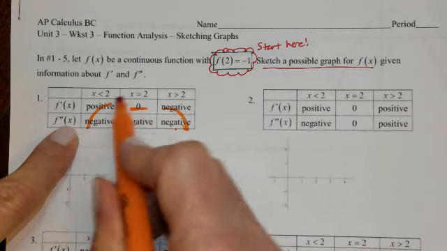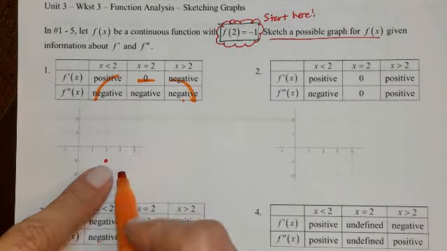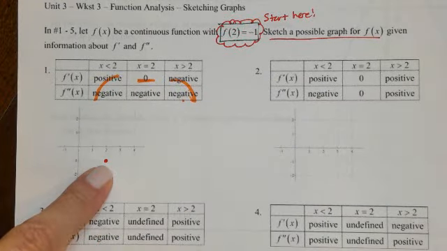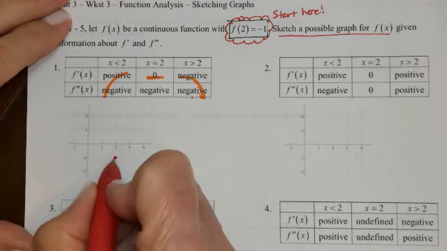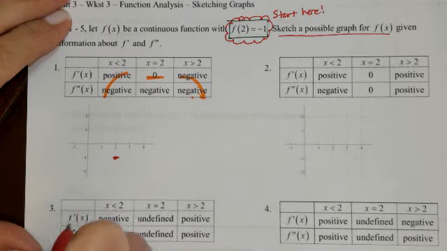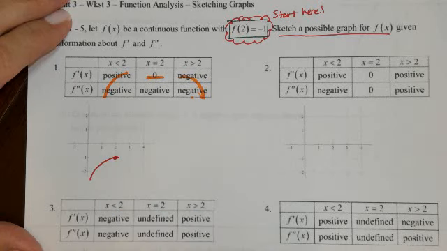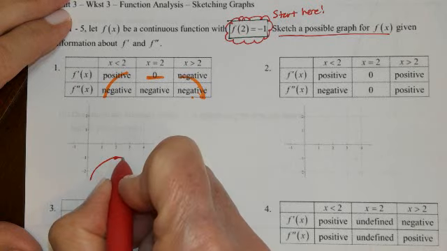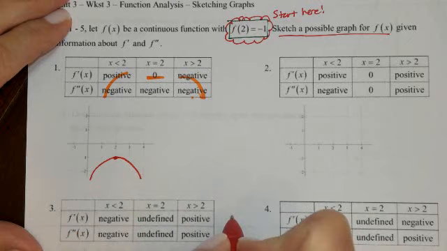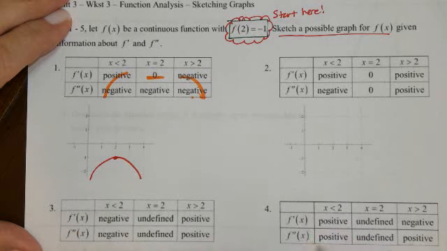So I'm going to combine these on my graph of f. So I know I'm flat right at 2, and then increasing but concave down, decreasing but concave down. So this is a possible graph of f.